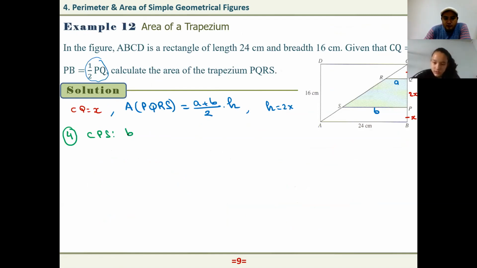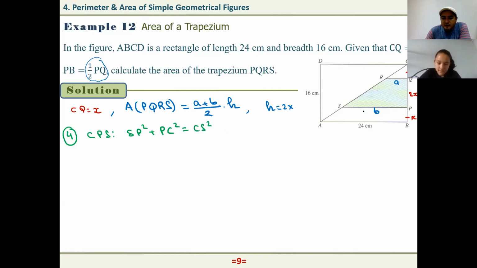So from here, b squared plus, what is PC, Shahina? It is 3x squared. The length of PC is 2x plus x, 3x squared, equals SC squared. So SP squared plus PC squared equals SC squared or CS squared.